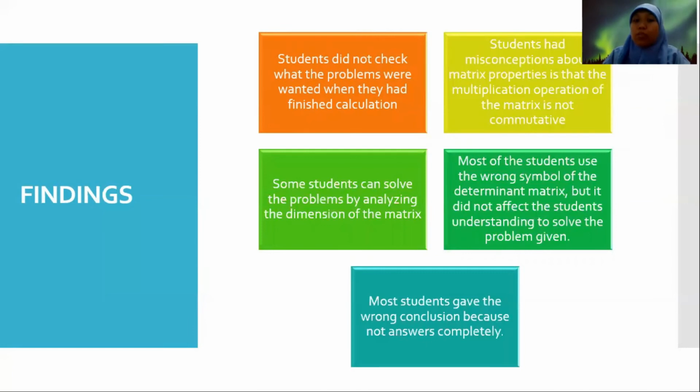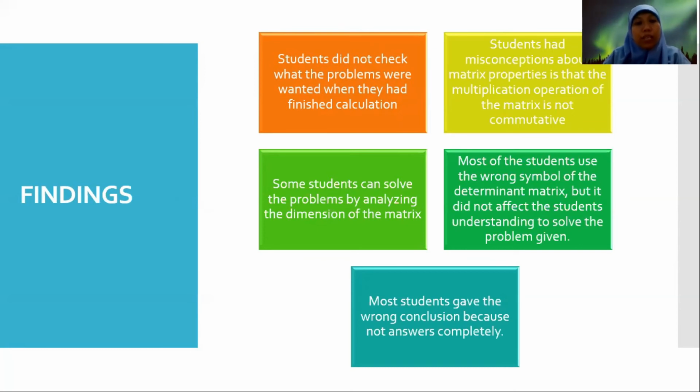But most of the students use the wrong symbol of determinant matrix, but it didn't affect the students' understanding to solve the problems given. They just use the symbol in the wrong place, but they didn't mean it. And the next finding is the last.